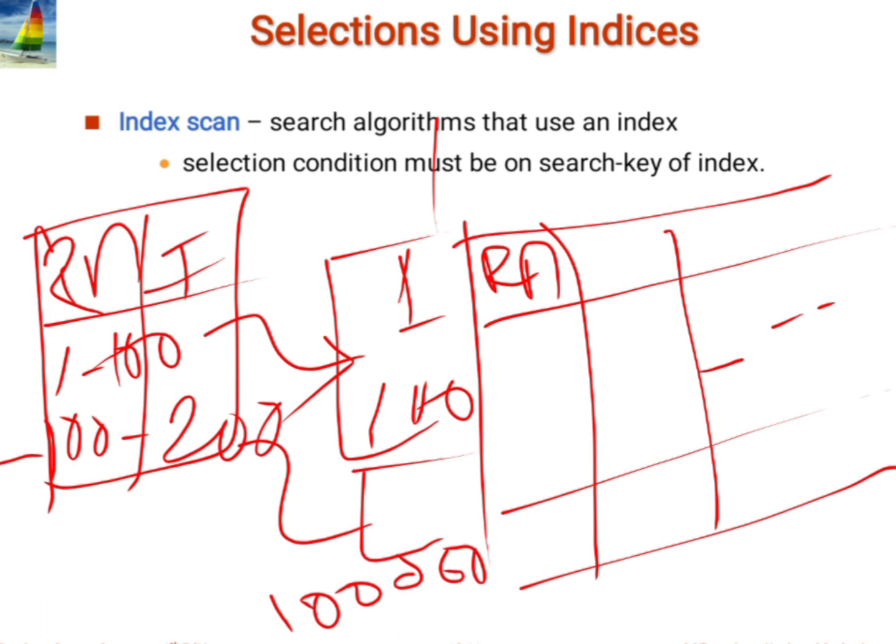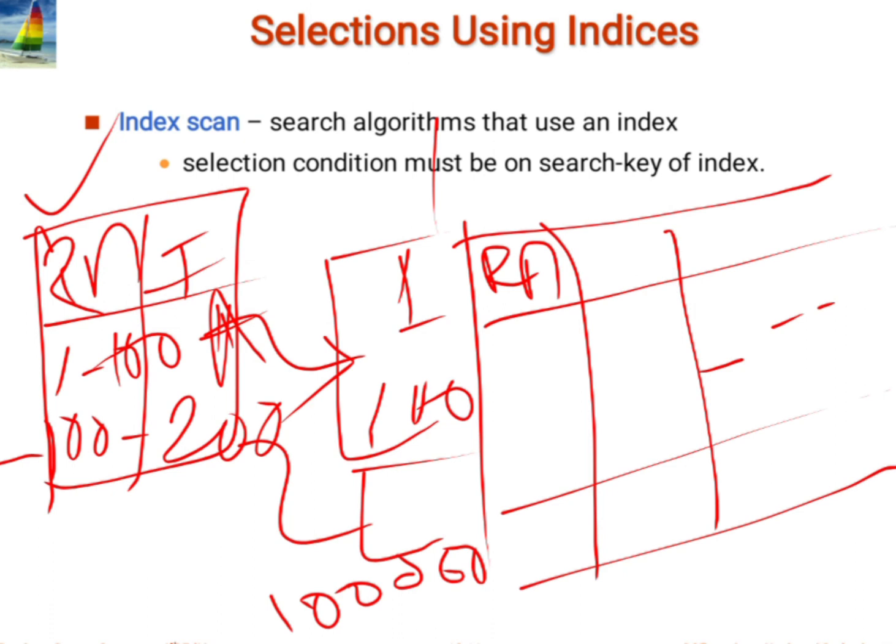In the same way, here I have given the index starting from 1 to 100, index number A, then starting from 100 to 200, index number B, and likewise. So definitely the time will get reduced. So this is called the index based scan.